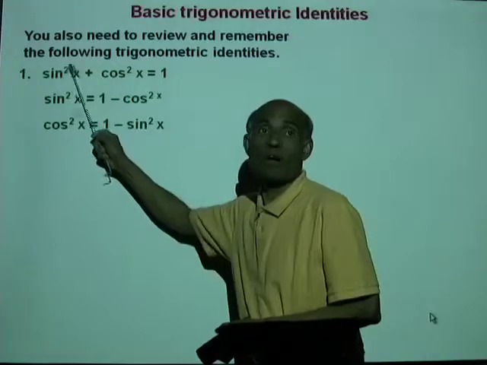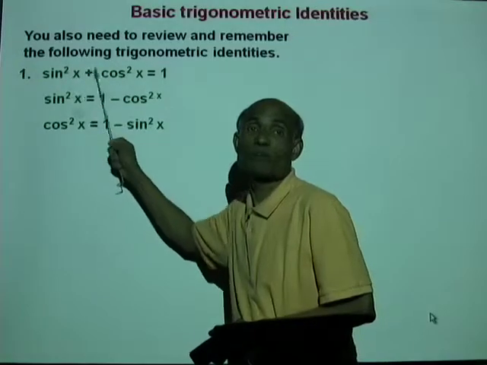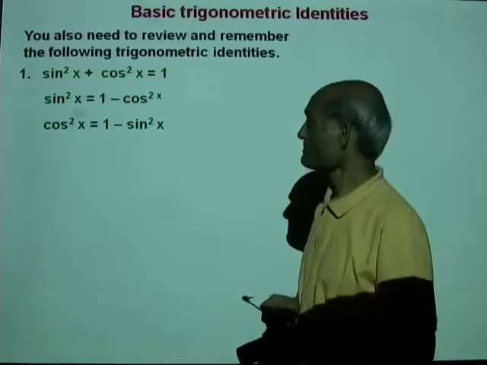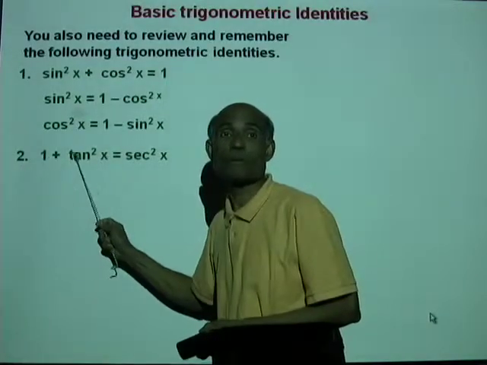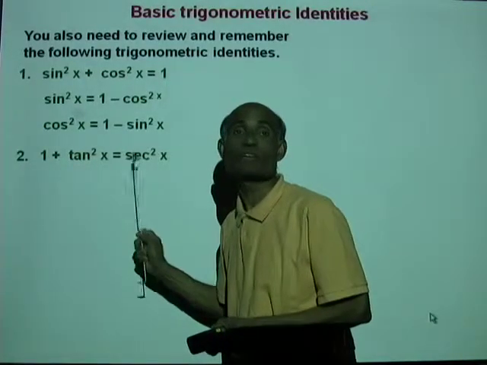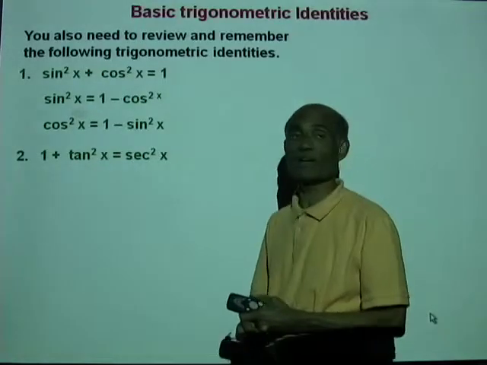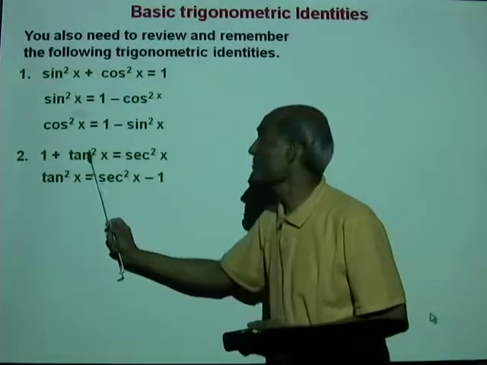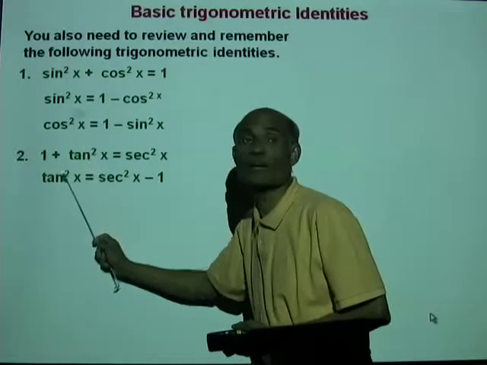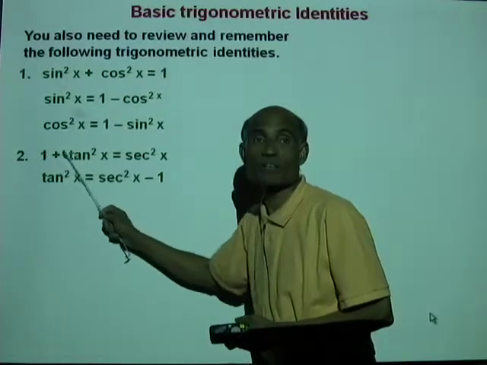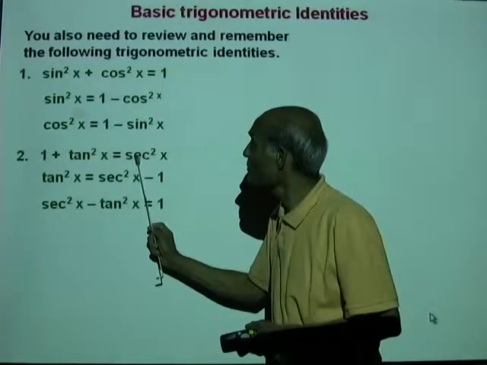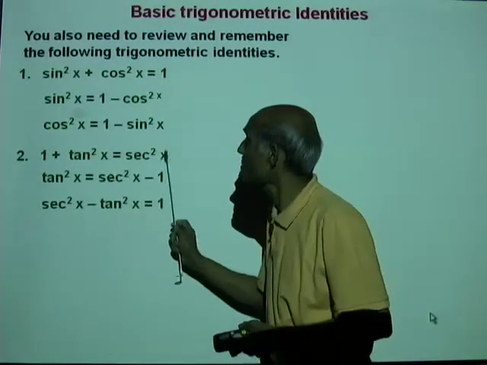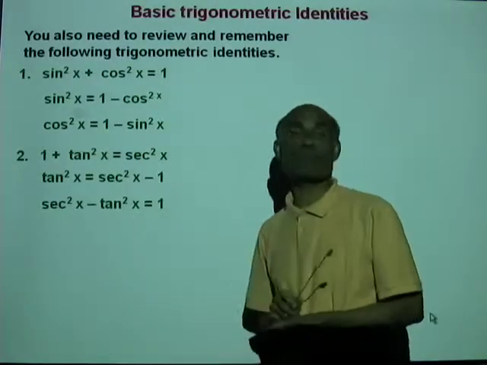Both these are derived from this Pythagorean identity. The second identity is 1 plus tan squared x equal to secant squared x. Again, that can be written as tan squared x equal to secant squared x minus 1, or secant squared x minus tan squared x equal to 1.